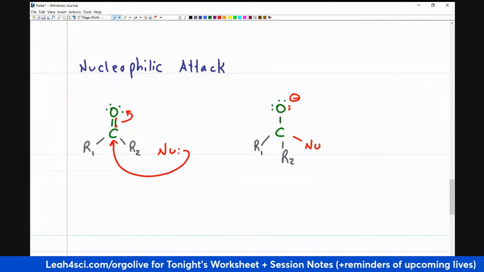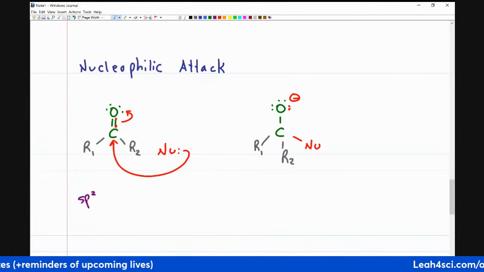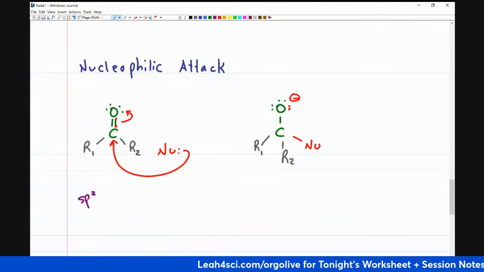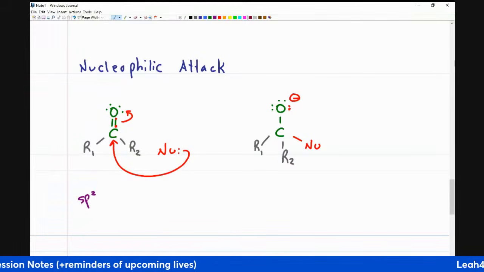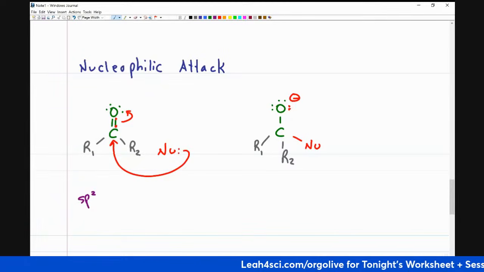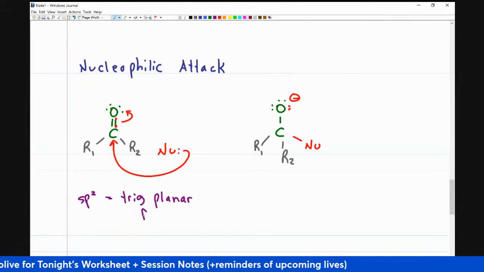And so what you want to recognize is that the carbonyl carbon before the initial attack is sp2 hybridized. What is the shape of an sp2 hybridized carbon? Meaning, what is its geometry? Anything sp2 hybridized is trigonal planar, which is good if your professor tests you on this, but really what you want to know is that it's flat.